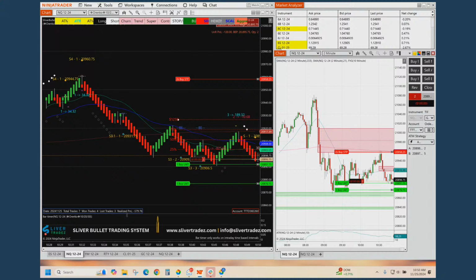Market is going to go back and forth before going back up.